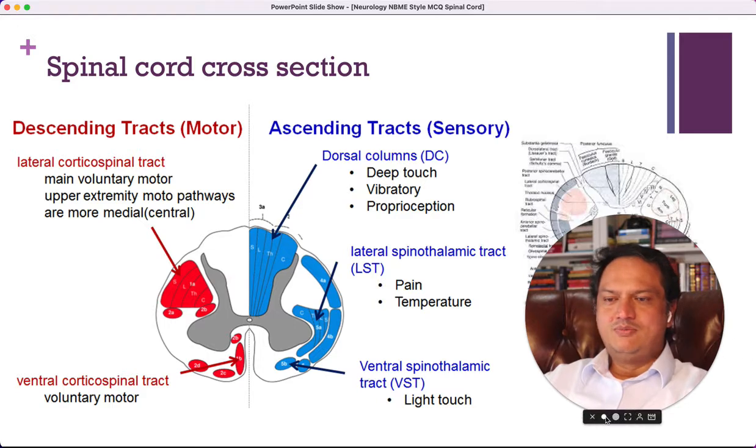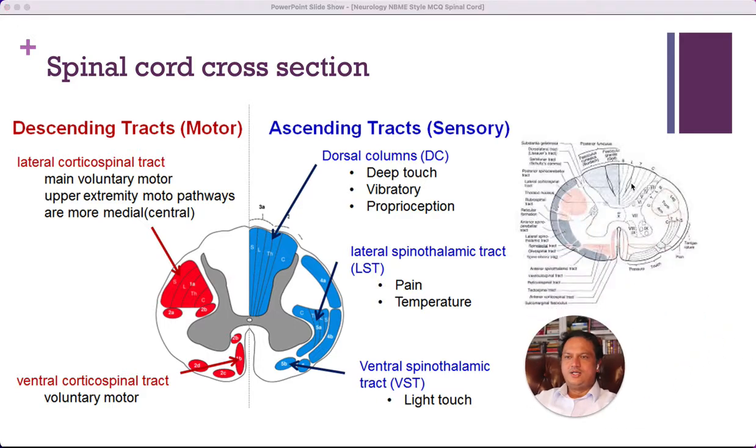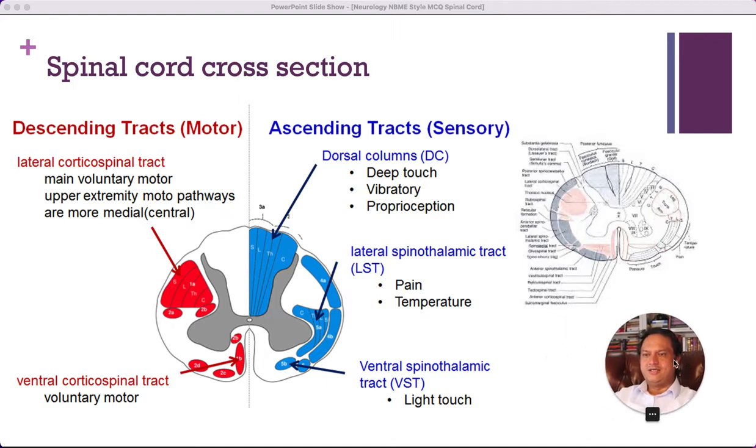If we look at more exquisite detail of the spinal cord, look at this picture with a lot of information, even the arrangement of the fibers from the cervical, lumbar, sacral, and thoracic spine arranged in different laminas. But of course, we don't need to know the anatomy in that much detail.